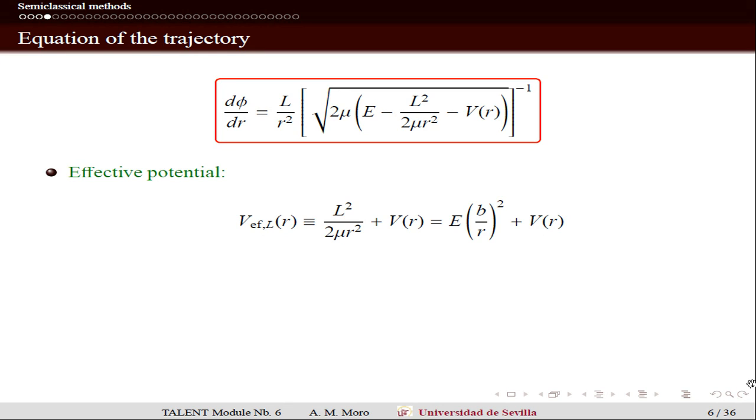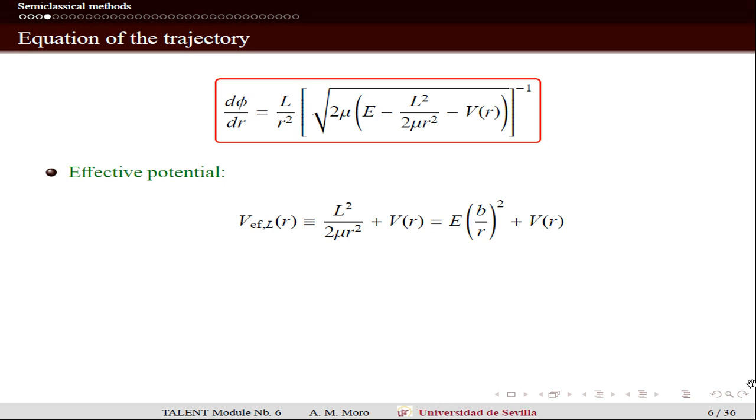If we eliminate the time variable, many times it's useful to have an implicit form of the trajectory. So this is the general equation. You have here the potential.